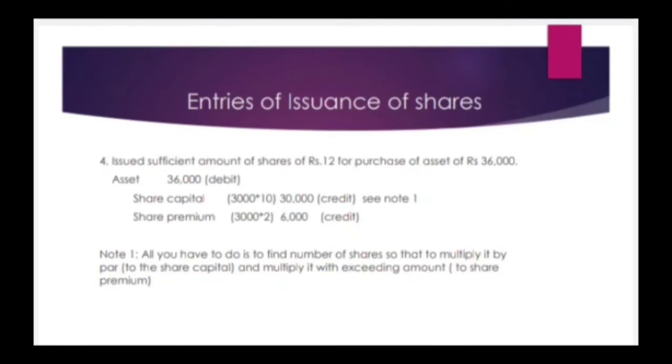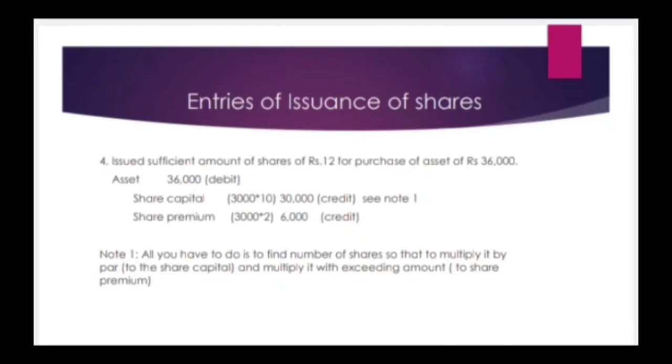Now let us take a look at the note. As 36,000 and 12 are given, but we do not have a number of shares, so we cannot multiply by 10 and multiply by 2.